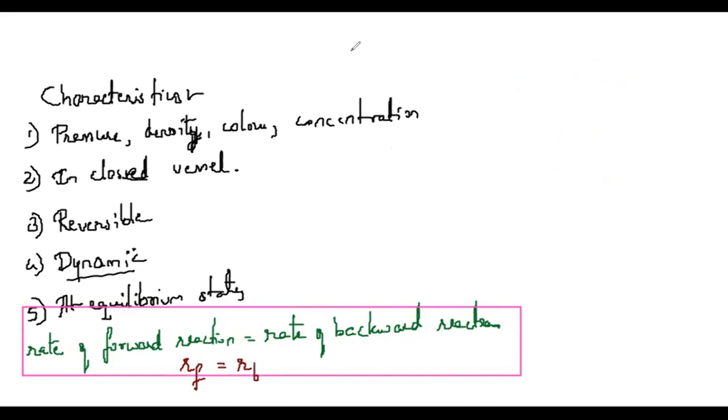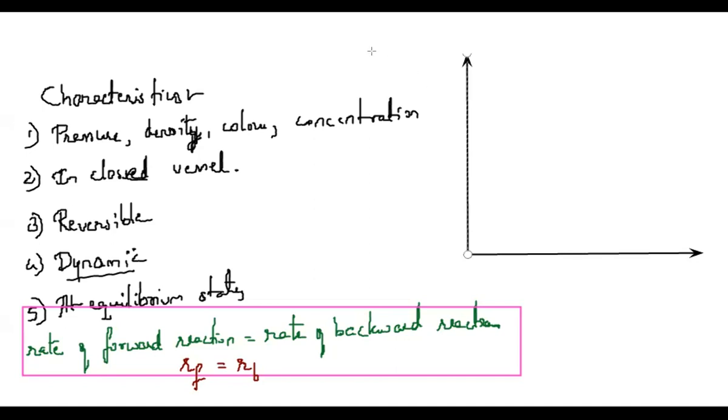So how can we explain this? This is very well explained. Again, I can explain it graphically. Let me say this is the progress of the reaction. Then here I will take rates of the reactions.